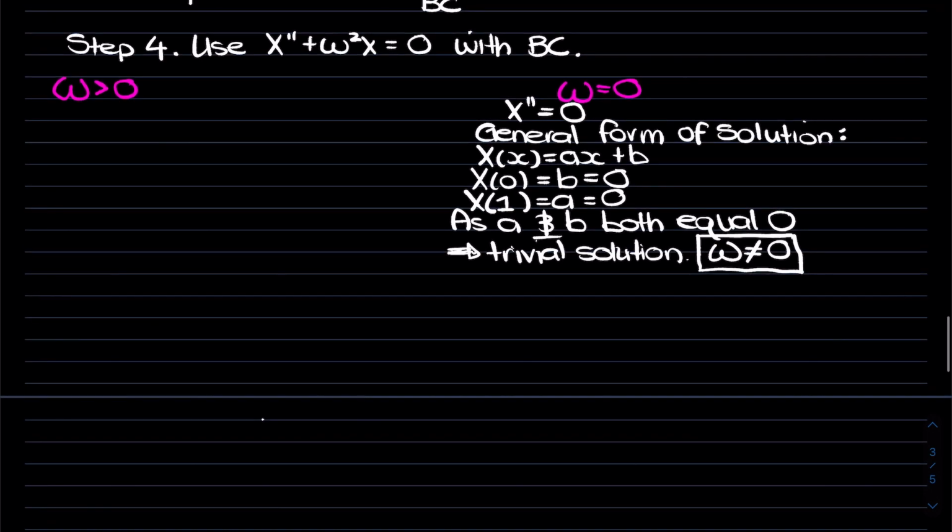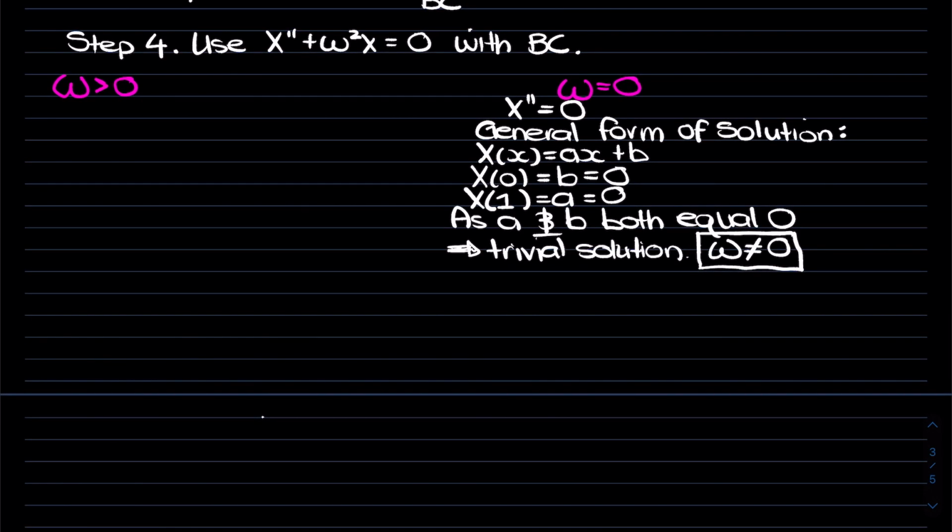Right, so going over to the left-hand side, when lambda is greater than 0, we get the ordinary differential equation that looks like this. The general form of solution looks like this.